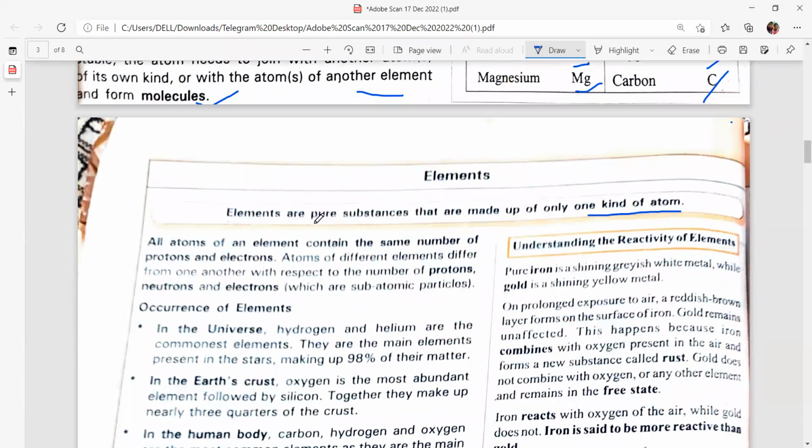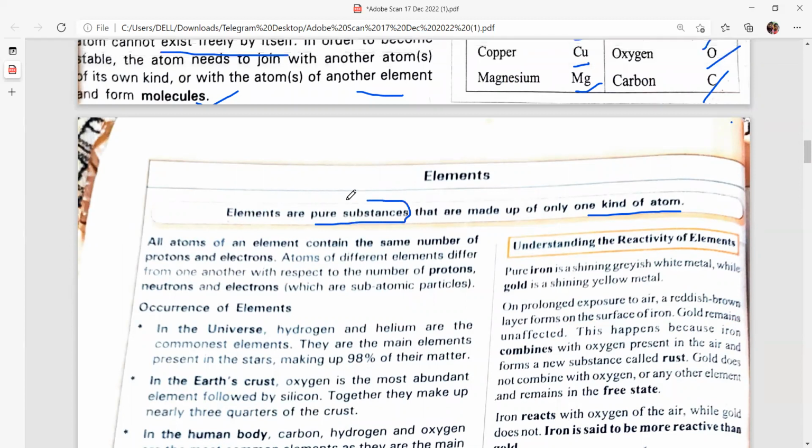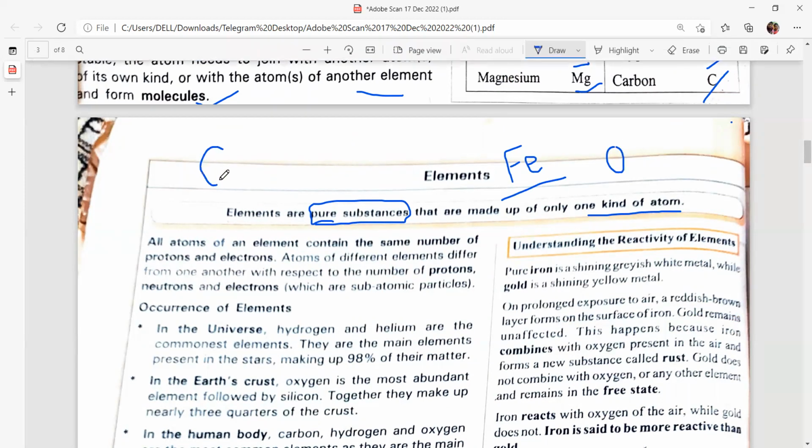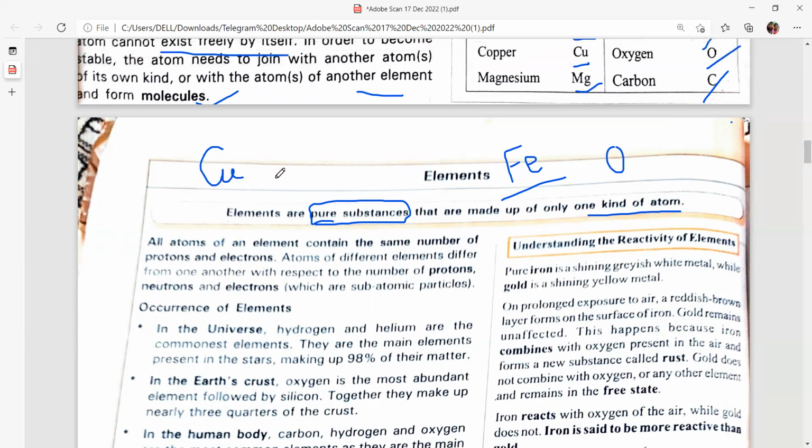Pure substance means substances that are made up of one kind of material. So if I am telling element iron, Fe, this Fe is made up of Fe atoms. Oxygen is made up of oxygen atoms. Copper is made up of copper atoms. Sodium is denoted as Na. Sodium is called natrium in Latin, so sodium is Na.